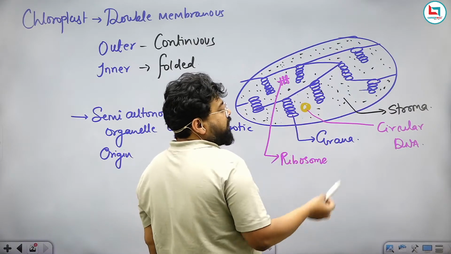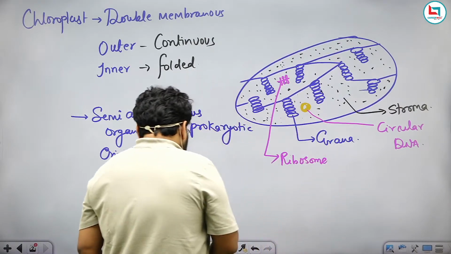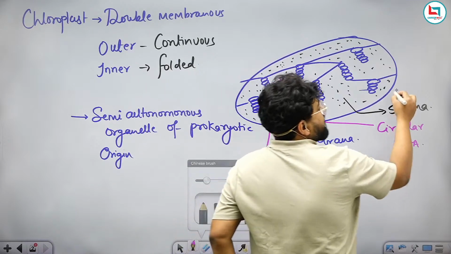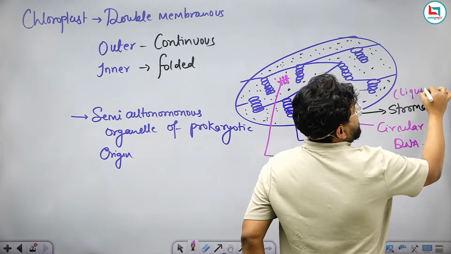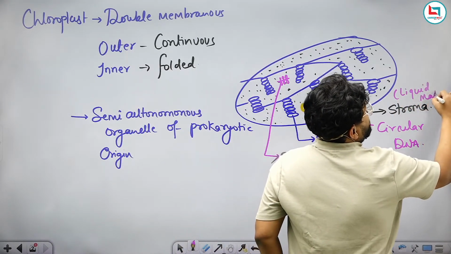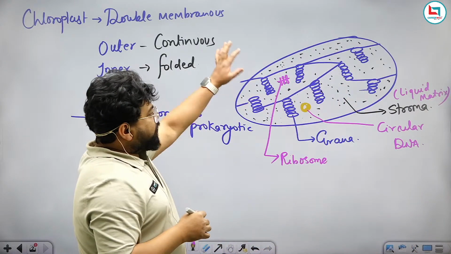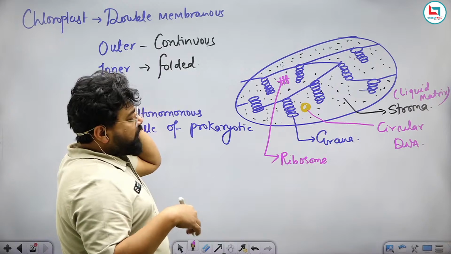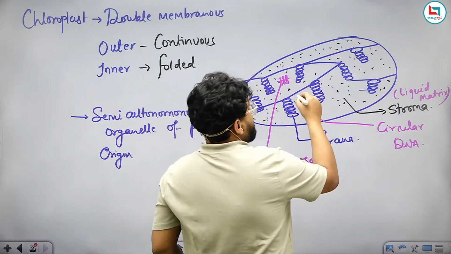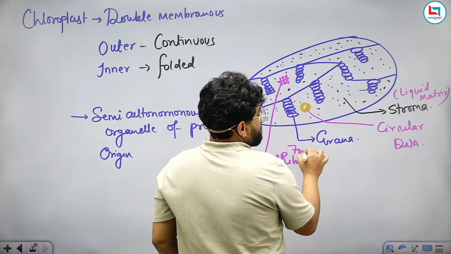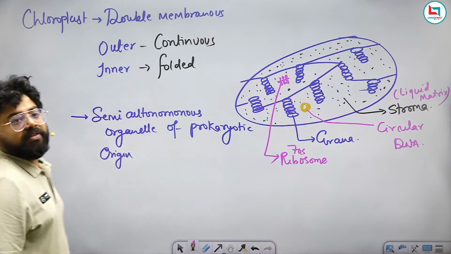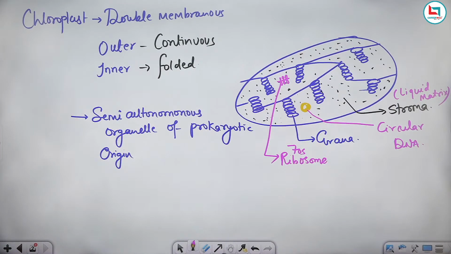Surrounding the grana, there is a liquid matrix, and this liquid matrix is said to be stroma. This chloroplast contains its own circular DNA and its own 70S ribosome. That's why it is a semi-autonomous organelle.